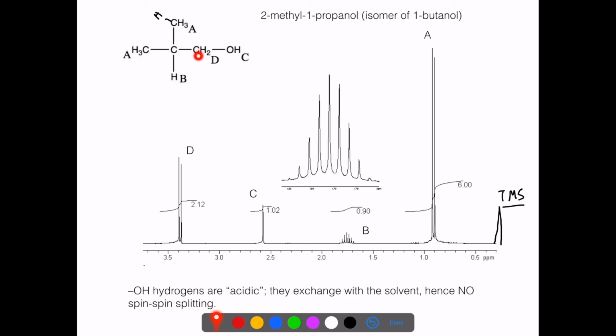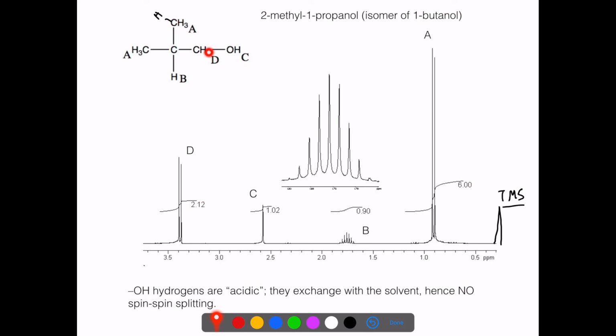And then finally, we have D. We have these guys. Again, notice that they are here. There's a signal. They're pretty far downfield. Again, why? Because they're connected to that OH, and because that oxygen is fairly high on our list of electronegativity, it moves them downfield. In terms of the spin-spin splitting, well, actually, let's go back to integration. There's 2 of those, integration, we get those.